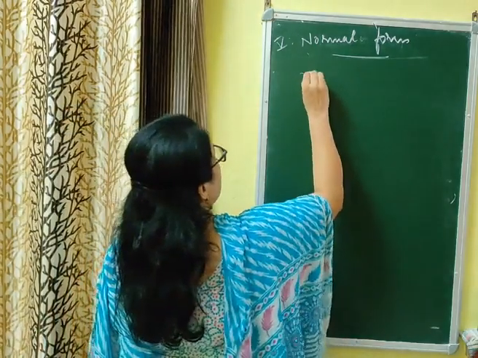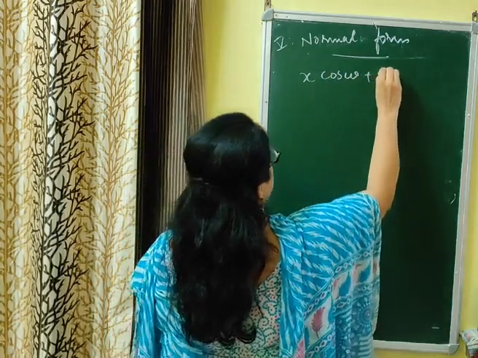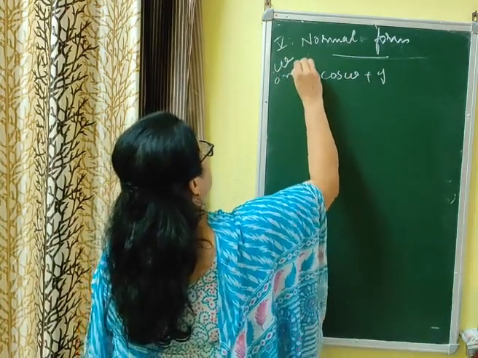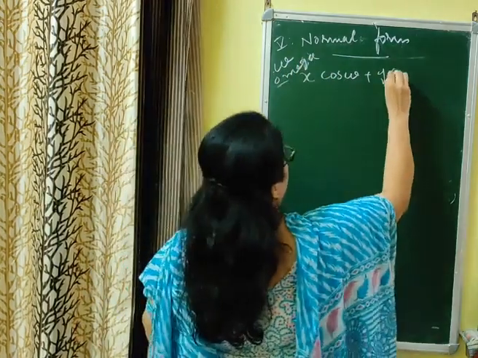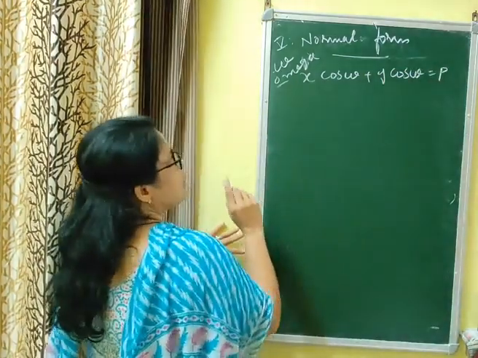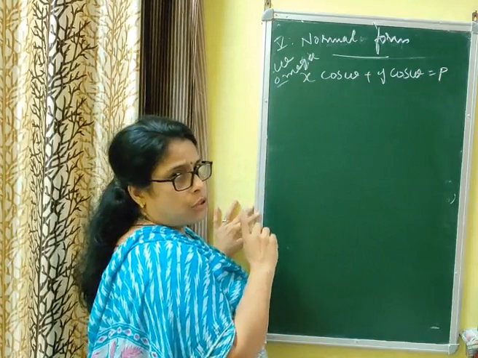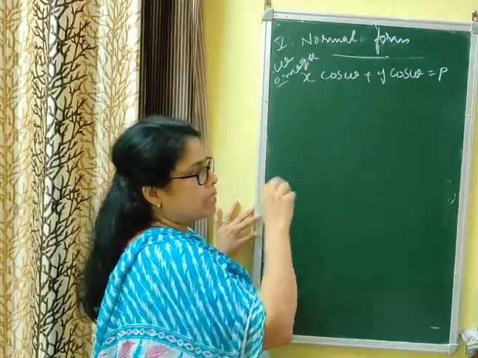The formula is x cos omega plus y sin omega equal to p. Omega is the angle made by the perpendicular from the origin to the given line with the x-axis in the anti-clockwise direction. p is the length of the perpendicular.